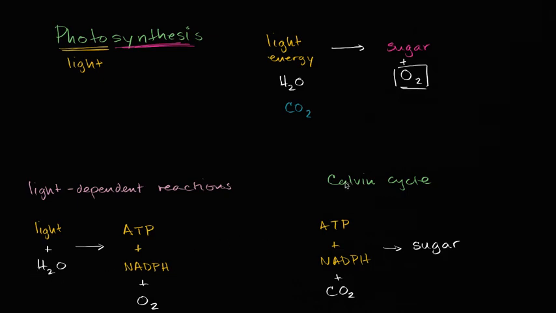And then, as we go into the Calvin cycle, we can take the ATP and the NADPH, along with some carbon dioxide, and we can use that to actually store our energy as actual sugar. And as we'll do in future videos, we'll go into more depth in what exactly happens in these light-dependent reactions and what exactly happens in the Calvin cycle.